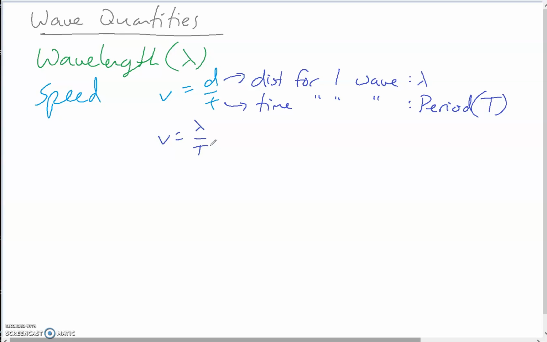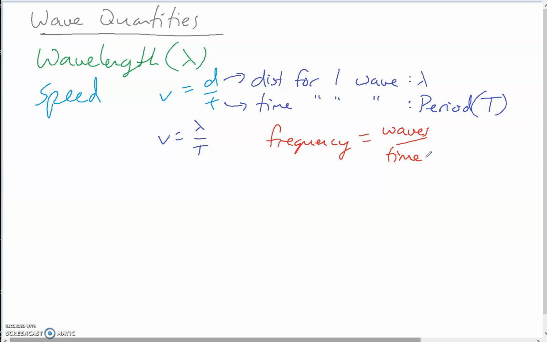Now, related to period is another really common quantity that you've heard of, and that would be the frequency. How frequently a wave occurs is a really common quantity. Frequency is defined as how many waves in a given amount of time. So frequency is how many waves there are divided by time.